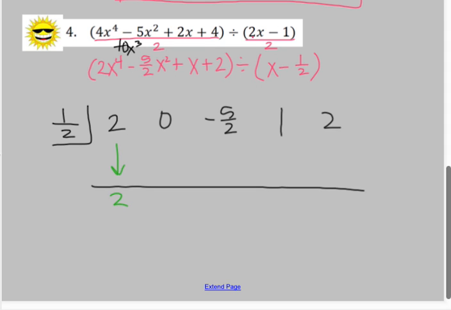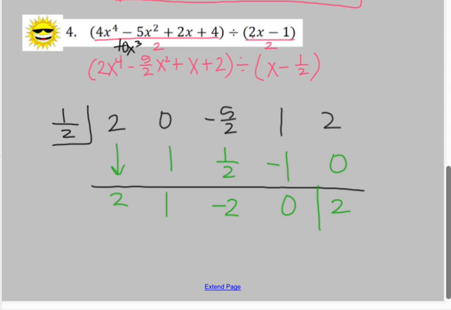So I have 1/2 times 2, which gives me 1. 0 plus 1 is 1. 1/2 times 1 is 1/2. Negative 5 over 2 plus 1 is going to give me negative 4 over 2, and negative 4 over 2 is negative 2. 1/2 times negative 2 will give me negative 1. 1 plus negative 1 is 0. 1/2 times 0 is 0. So my remainder is 2.